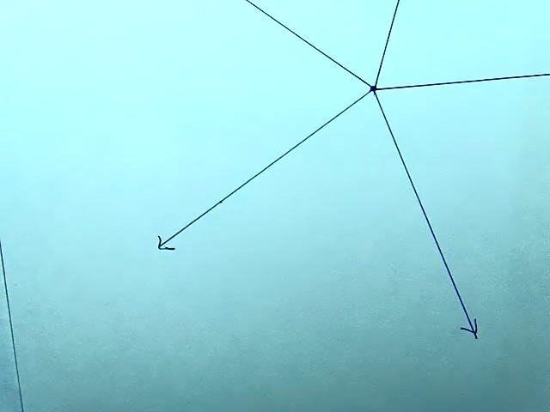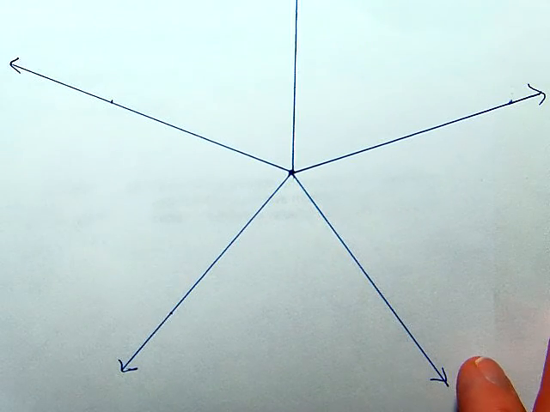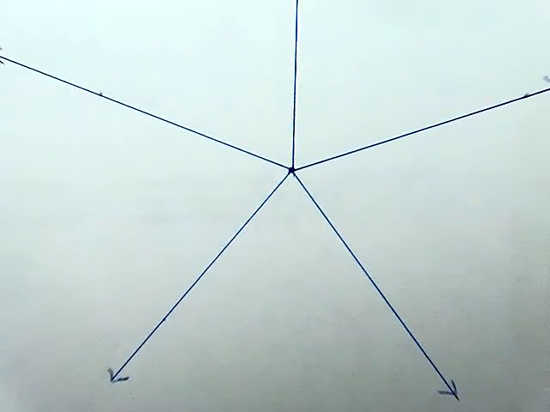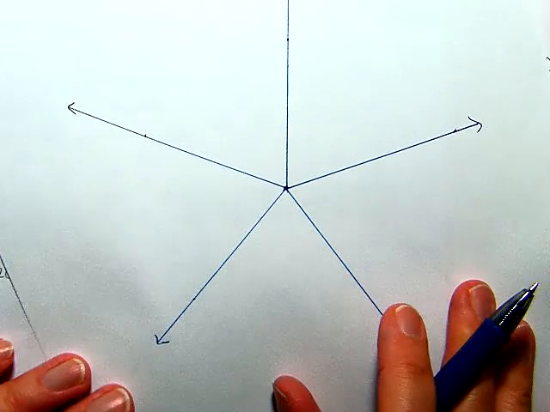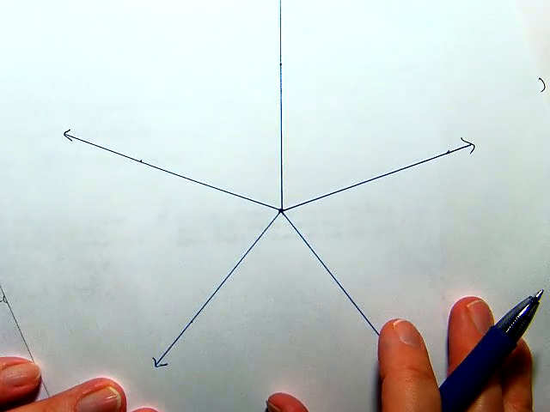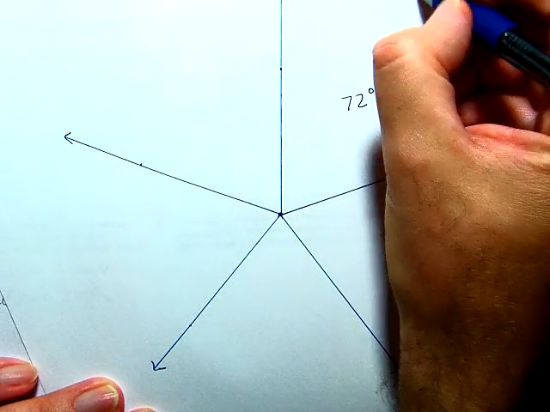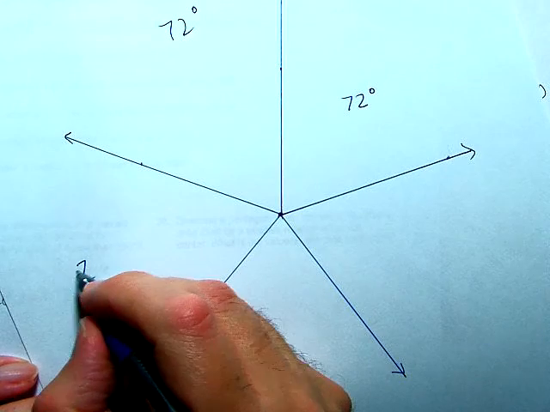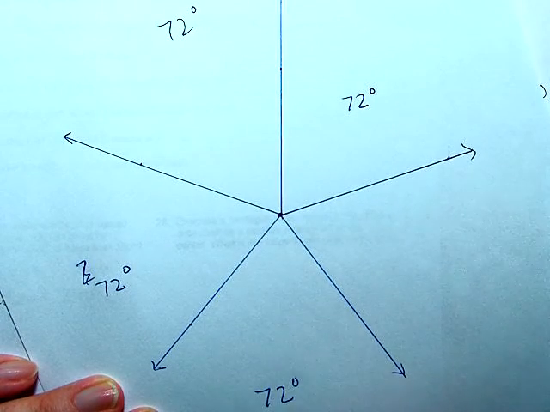Let's take our by now familiar diagram of a point with 5 rays, all sharing the same initial endpoint. And again, let's remember that the adjacent rays are 72 degrees apart. Let me write the 72 out there, so we'll be able to see it as we rotate our pentagon.